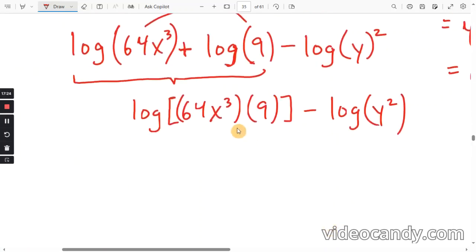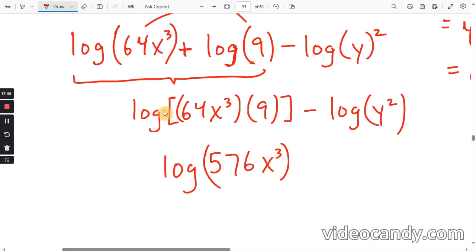Okay, let's see, multiplying this, there's no x here, so it's x to the third, and 64 times 9 is 576. So we basically have the log of 576 x to the third. And right here we are using the quotient rule.